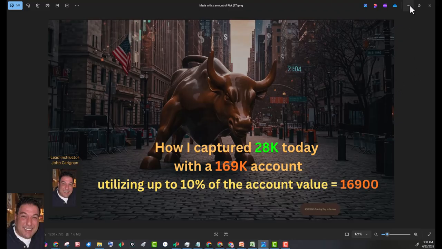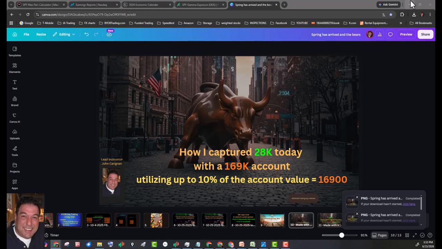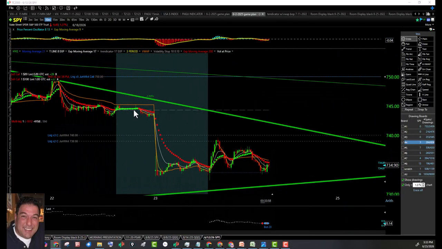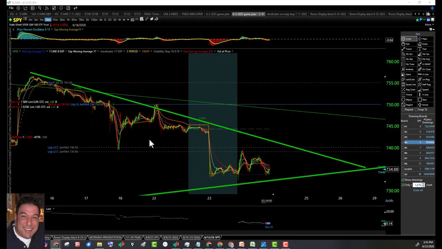All right, let's take a look at the market, and let's move all of this out of the way. Okay, so you can see here's price at the downtrend line right here. All right, and I held puts right into that. I saw the failure to break here yesterday.